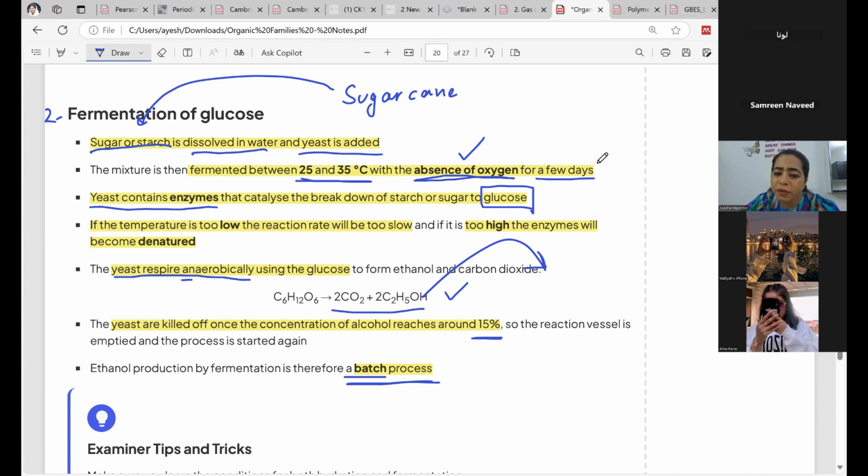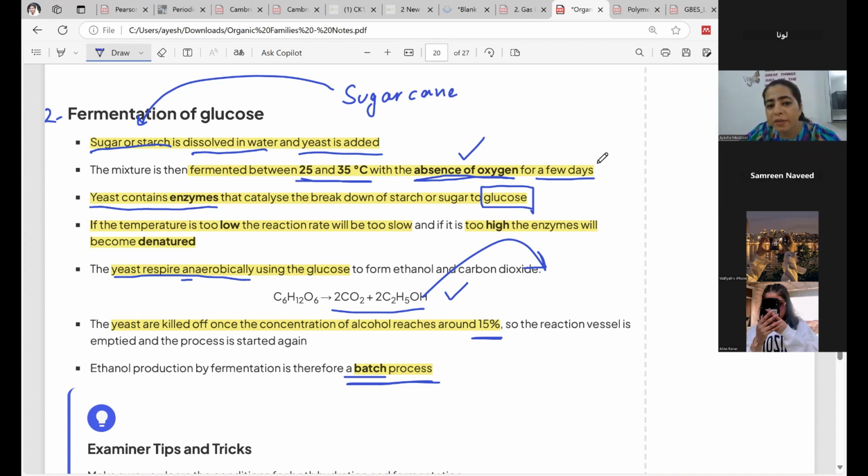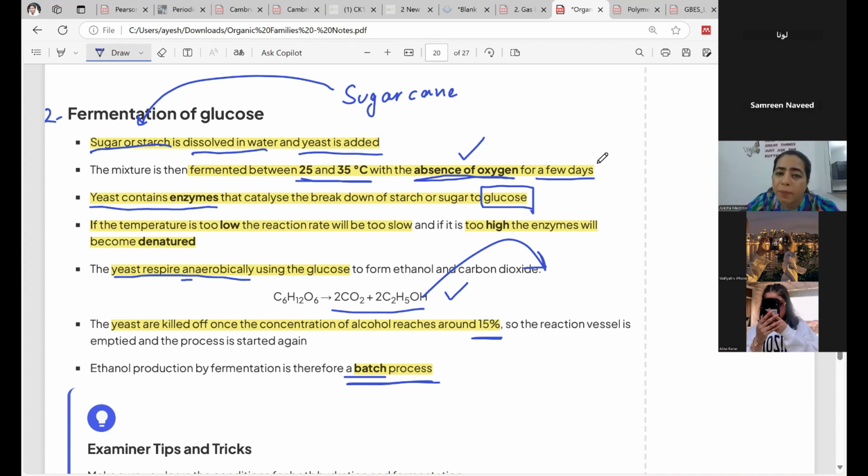You're going to do the reaction, and at 15% product you're going to stop the reaction for some time, collect the product, then start it from zero again. Then the reaction will happen, make 15% product, then collect it, then do the reaction again. It will not give us 100% product in one flow. It has to stop the reaction after a few percent of the product, then start again. So it's a batch process with breaks.